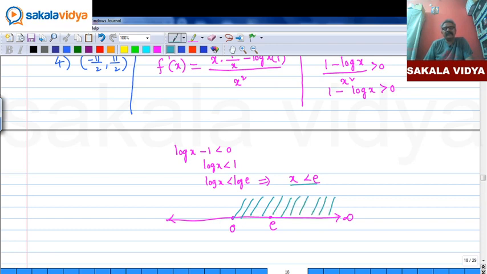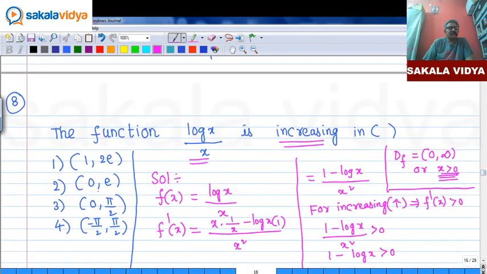But here x is less than e, which means you shade in the reverse direction. So, what is the intersection part? 0 to e. Therefore, x belongs to 0 comma e. Here the function is increasing. The second option is the right option.